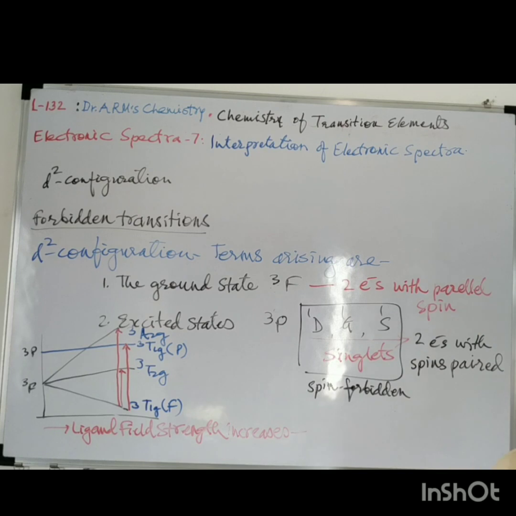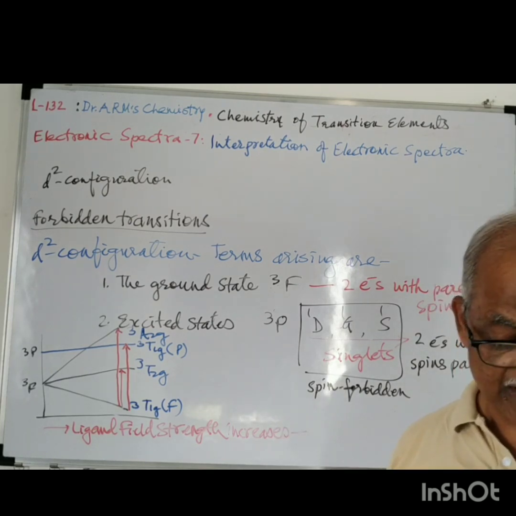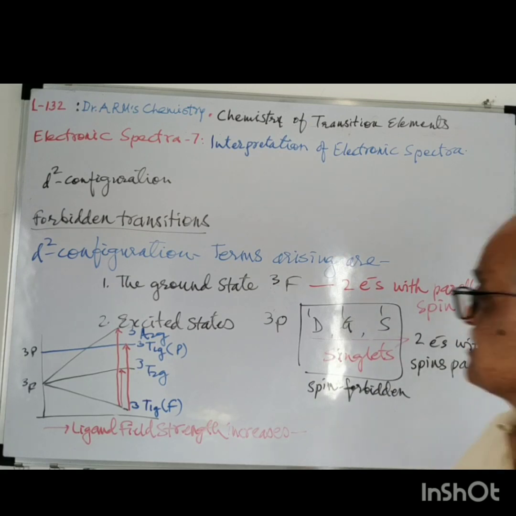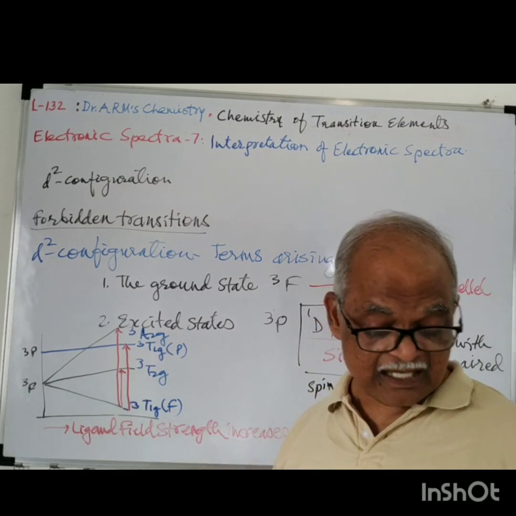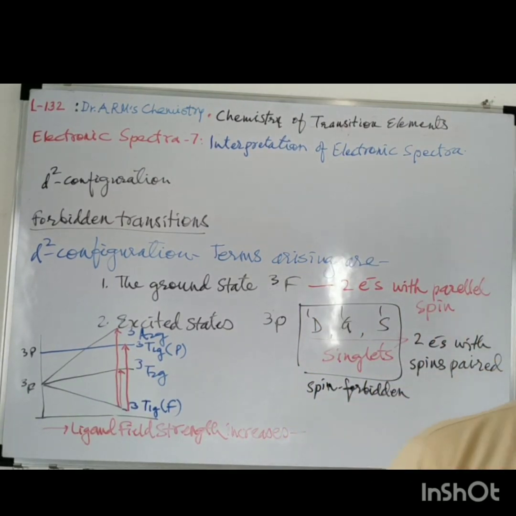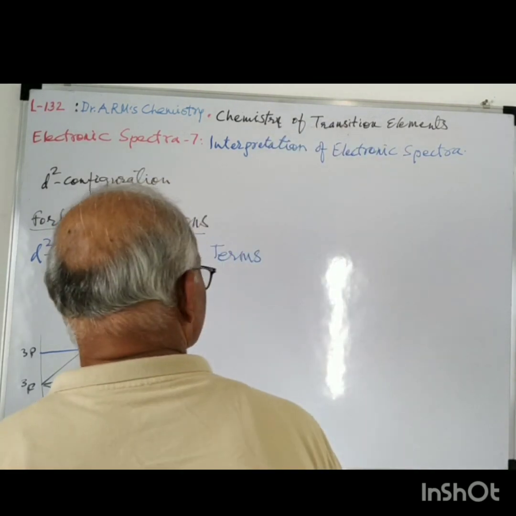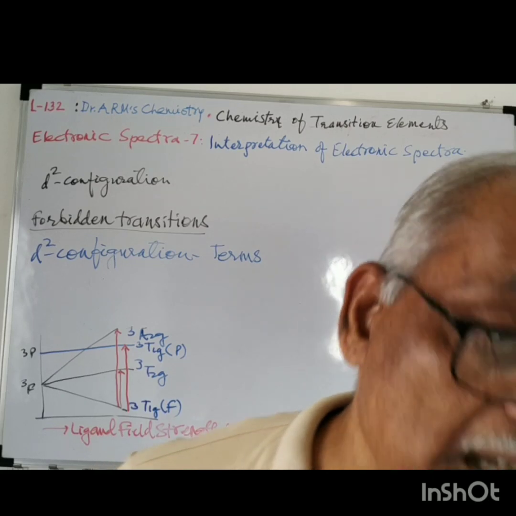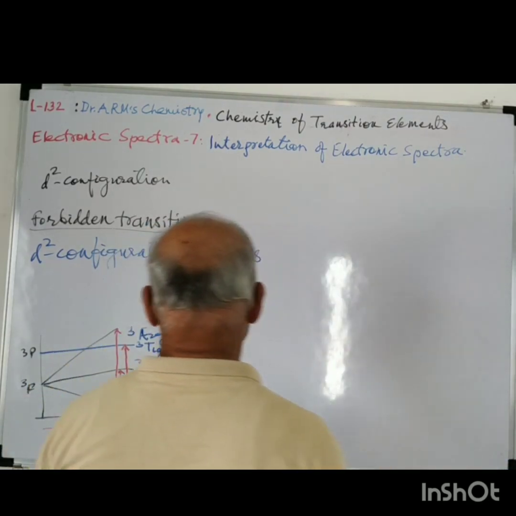Similarly, in an octahedral field the P state is not split, and hence it is simply transformed into T1G. P remains unchanged, and because of this we can observe these transitions in the form of absorption bands like this.